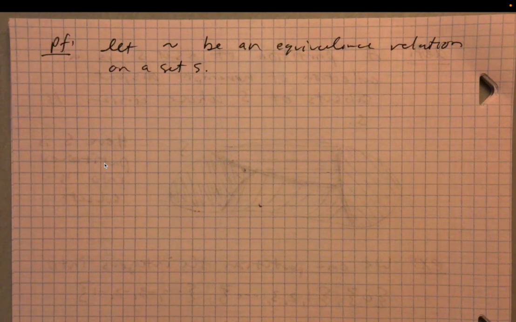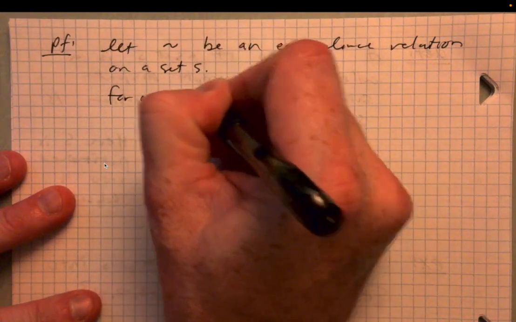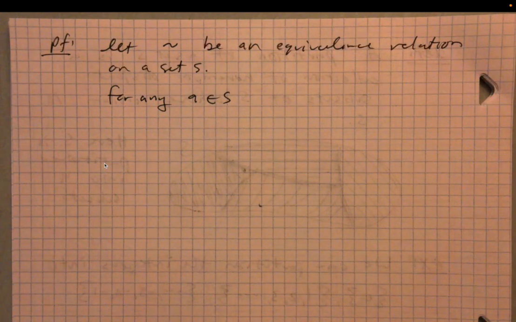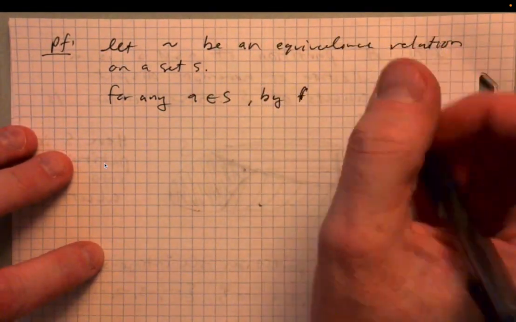Right, so we've got an equivalence relation on our set S. Now, for any A in S, by reflexivity, it's an equivalence relation after all. We need to first show that we've got non-empty subsets here.